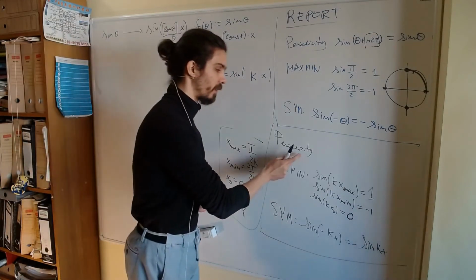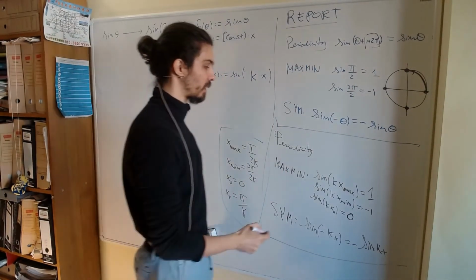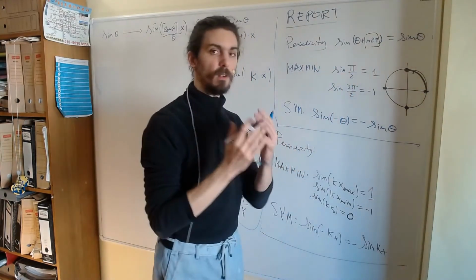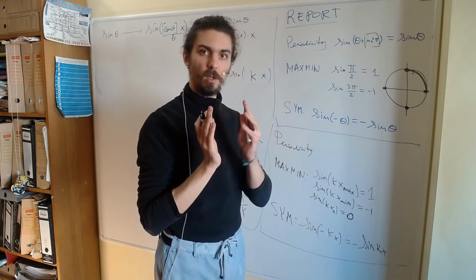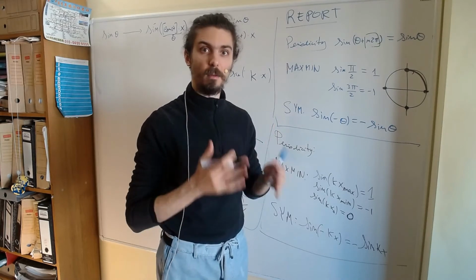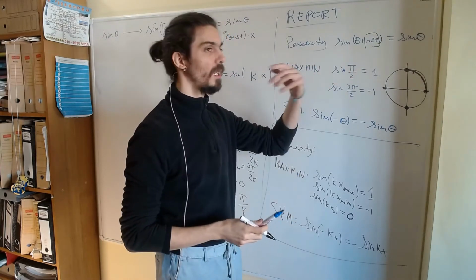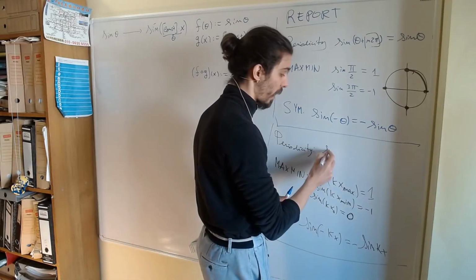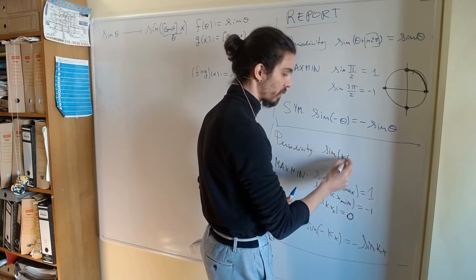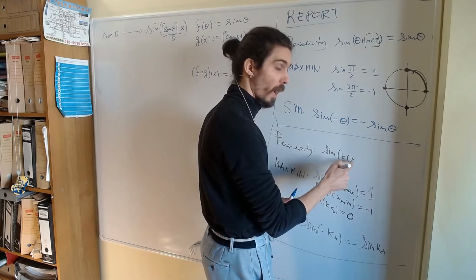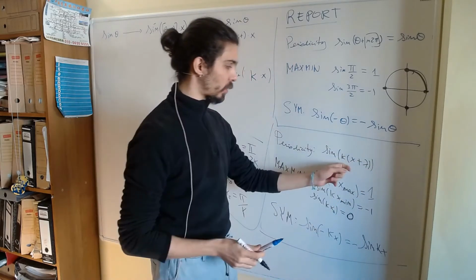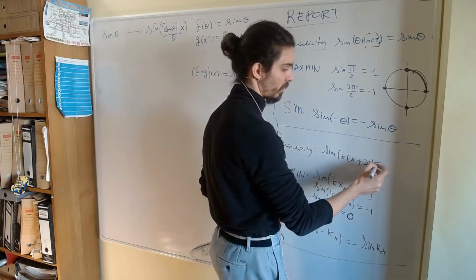What about the period? Let's do the calculation for the period. The definition is, the period is always useful, instead of thinking about the formulas, think about the idea. What's the period? The period is a number that you need to add to the argument. So the number that I need to add to x, let's call it lambda, so that this thing remains the same.